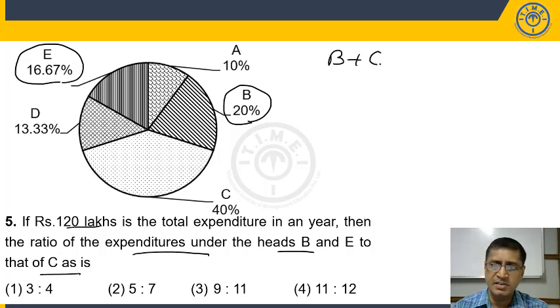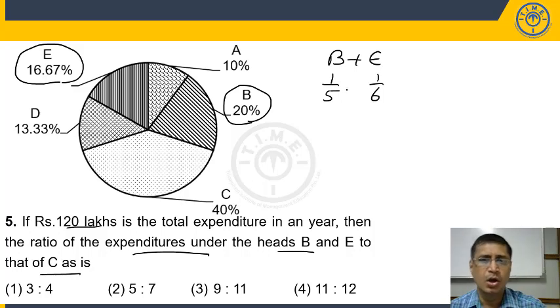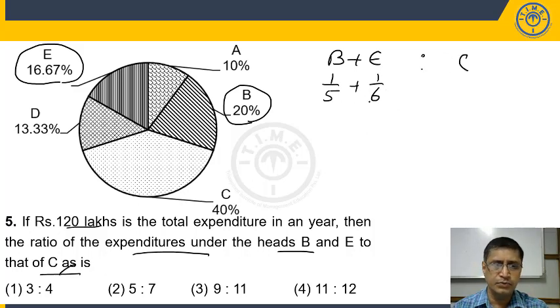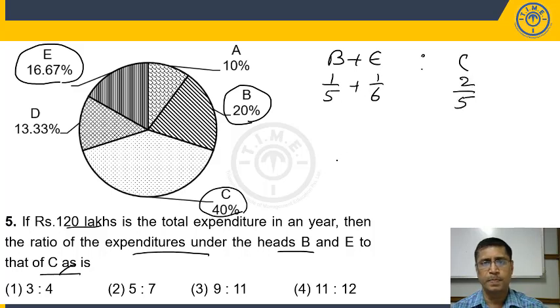B means 1 by 5. E is equal to 1 by 6, that is 16 2 by 3, or 16.67. Now when you add these two and find the ratio with respect to C, what is the value of C? C is equal to 40%. 40% means it is 2/5 of the value.